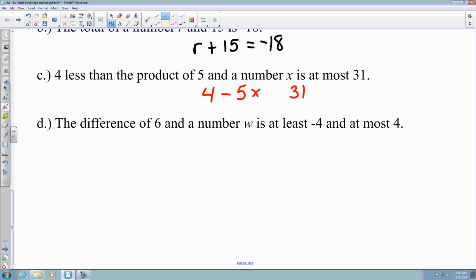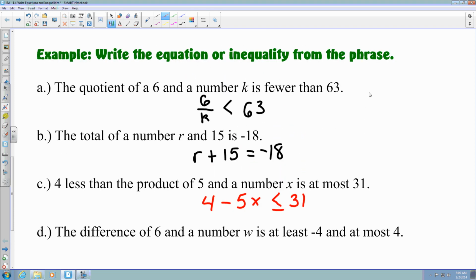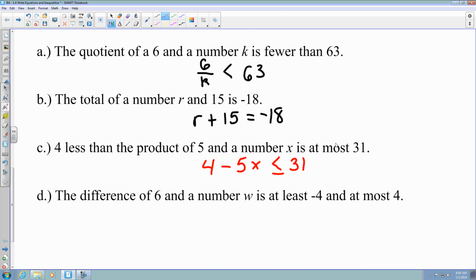So this we said was an inequality, and it's going to be at most, which is less than or equal to. Is that what I wrote? Yes. Less than or equal to the result.